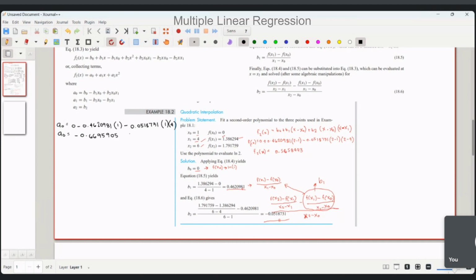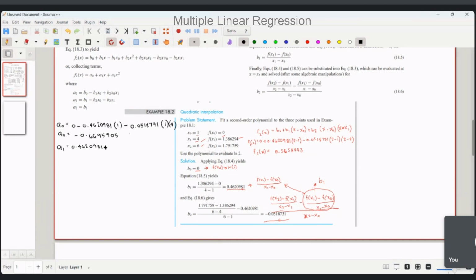Okay, naa na tay A sub 0. How about A1? So B1, it's 0.4620981 minus. So since this is minus and atong B2 is on negative, ma-plus na ni siya.